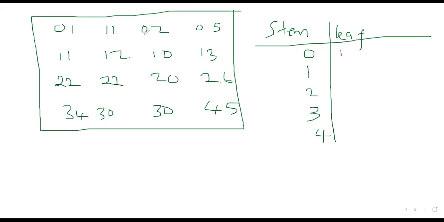Then we also have 0, 2. We arrange them in order. Finally, 0, 5. On the tens, which one is the smallest? 10 itself, 1, 0. Then 11, 11, then 12. And finally 18. Let's go to the 20s.